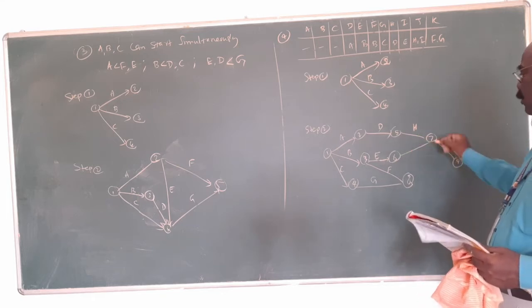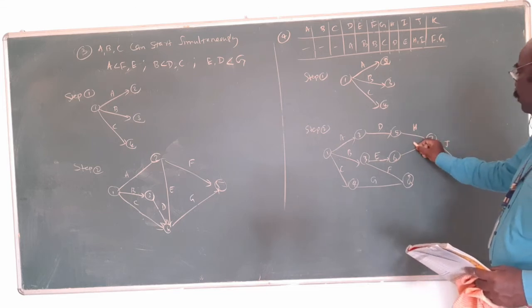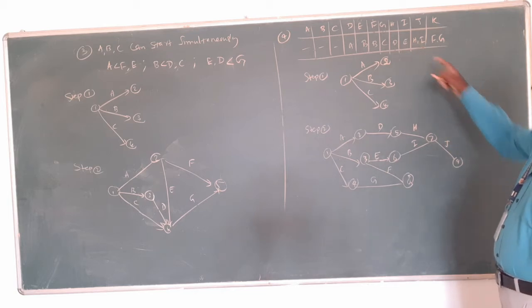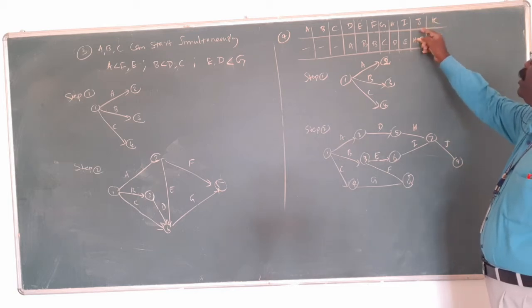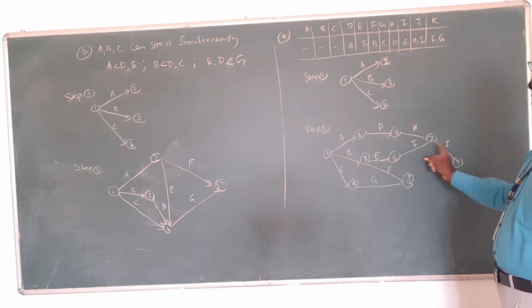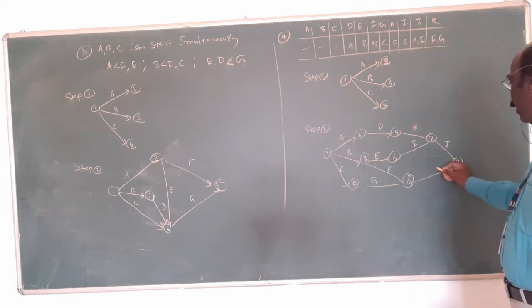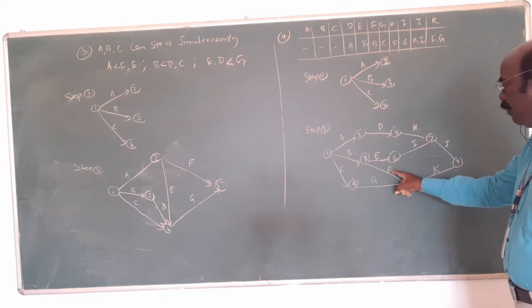Before I is A. But before J is H and I. Alright? The before K is only F and G. This is K. The before K is only F and G.